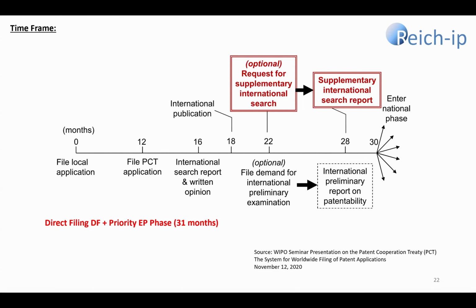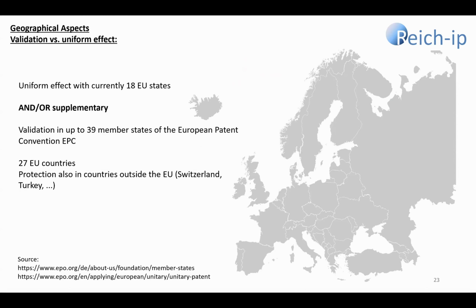But what might be interesting for you regarding the European perspective is the right-hand side. What happens if we enter the national phase? We say the regional phase before the EPO, because according to the European Patent Convention, we have several countries. And here you can have, I would say, two options which can be combined, which might form a third option, no matter how you name it.